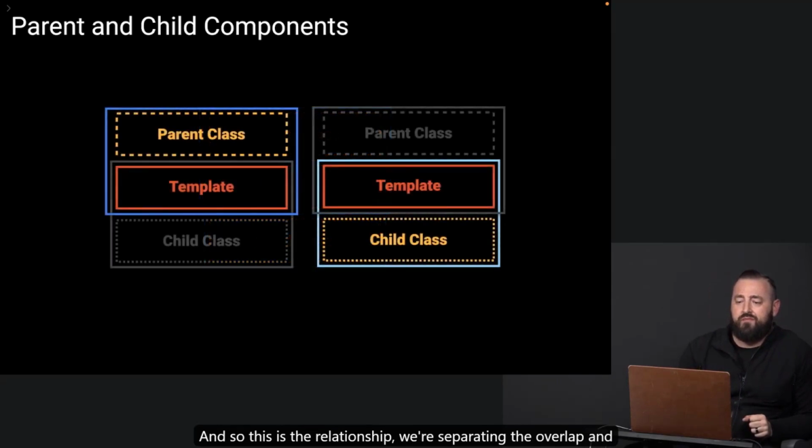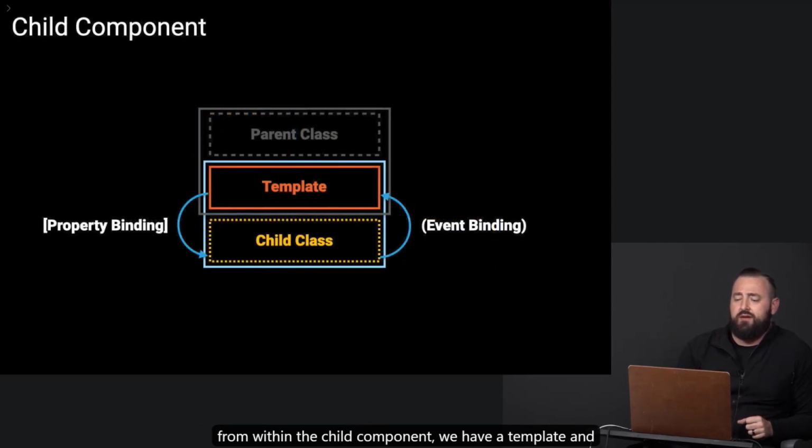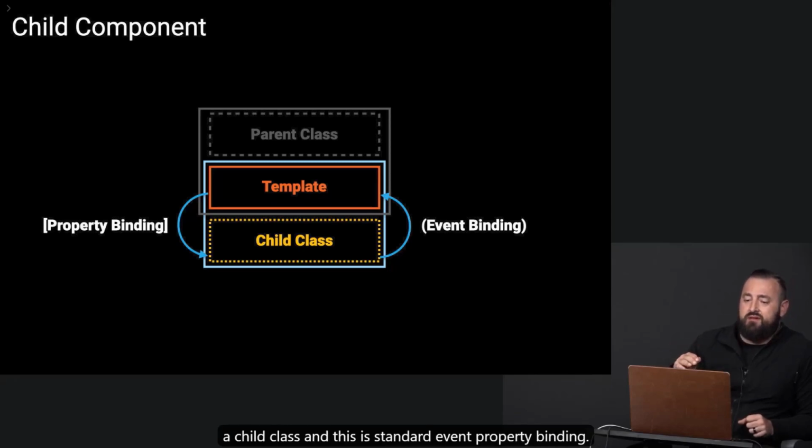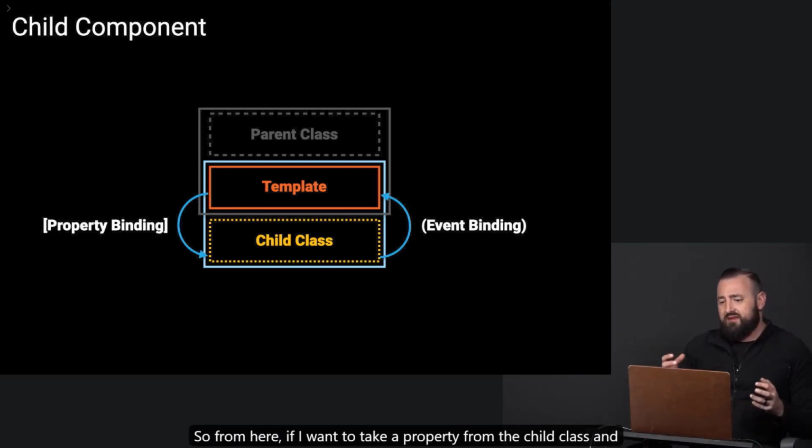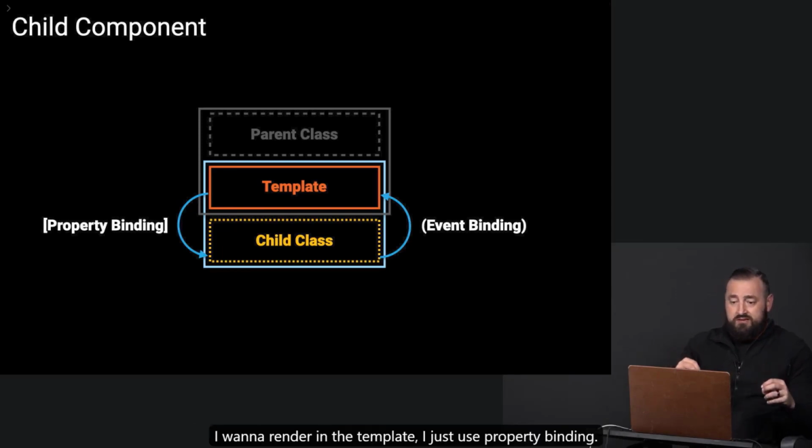And so this is the relationship. We're separating the overlap, and from within the child component, we have a template and a child class, and this is standard event and property binding. So from here, if I want to take a property from the child class and render it in the template, I just use property binding.